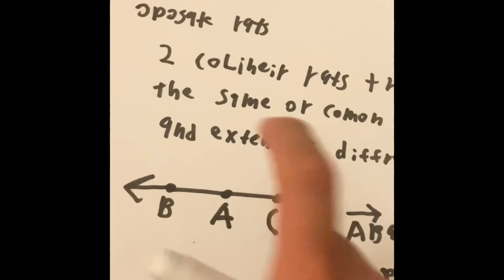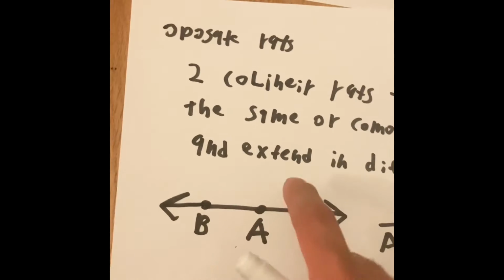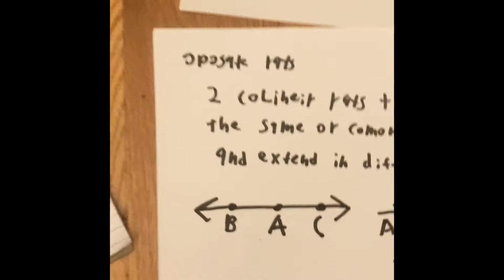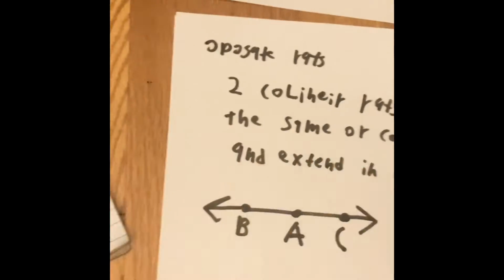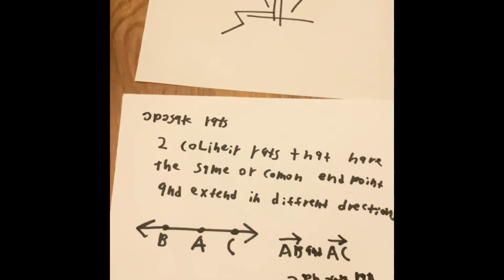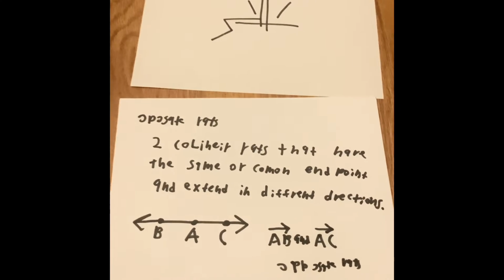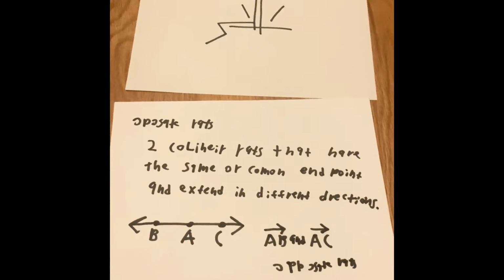So let's start at A. Then we want to go towards B. So ray AB is going this way. Now here's A again, but a different direction. AC is this way. So that is an example of opposite rays. Two collinear rays that have the same endpoint, but they can extend in different directions.